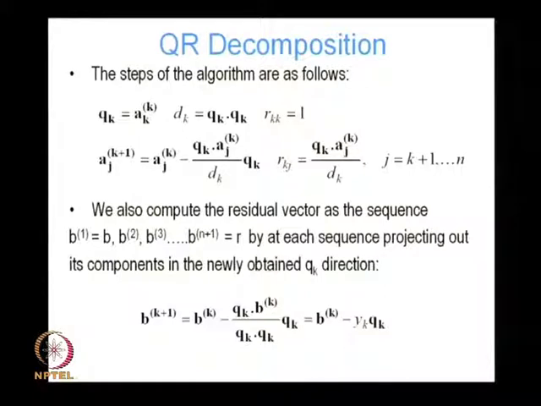So, at the end, whatever is left is going to be orthogonal to all the qk vectors. Since all the qk vectors span my space A, my residual is going to end up orthogonal to the space spanned by the column vectors of A. This is how I compute Bk plus 1, which is Bk minus Yk Qk, where I have defined Yk equal to Qk dotted with Bk divided by Qk dotted with Qk.